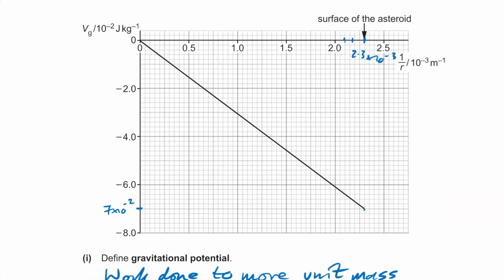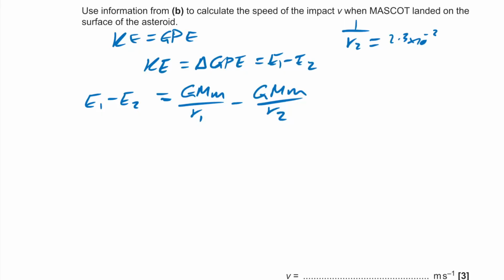The surface of the asteroid is 1 over 2.3 times 10 to the minus 3. So R2, in other words the radius of the asteroid, is going to be 435 meters. Cool. The difference in distance is 165, but we can't put that into our equation because R1 and R2 have to be from the center of the asteroid.